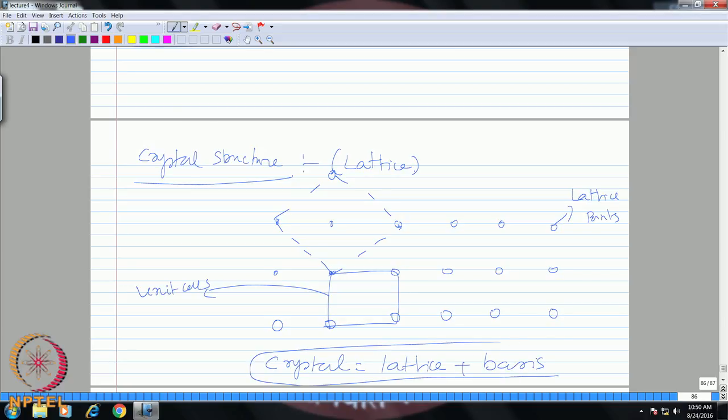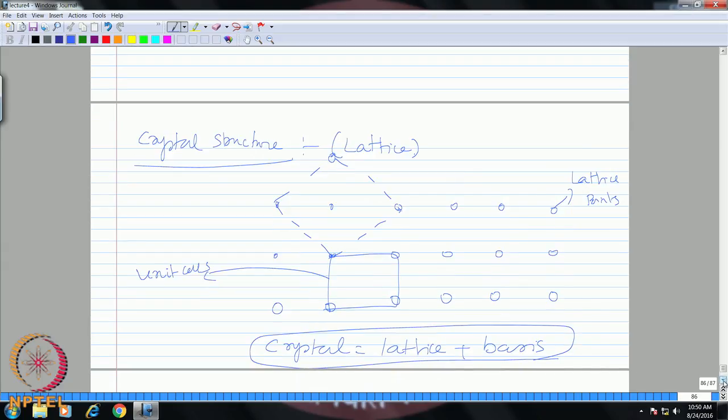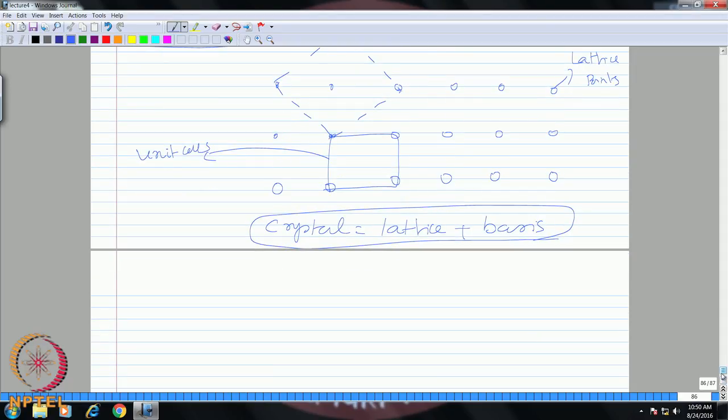When you arrange the atoms onto these lattice points, you form a crystal, and this crystal will have a periodically repeating structure. So, we look at a unit cell of a crystal, and then from there we can apply the periodicity principle.